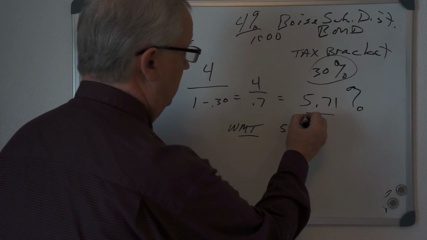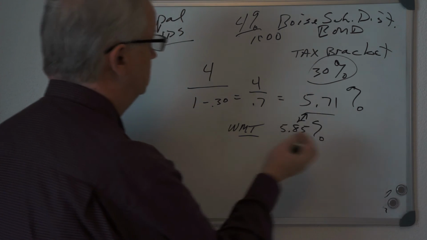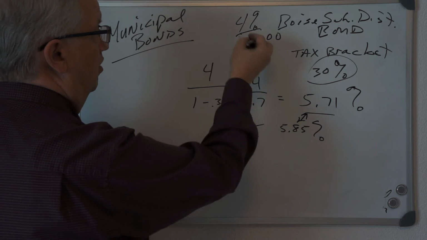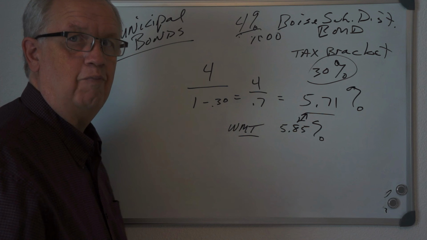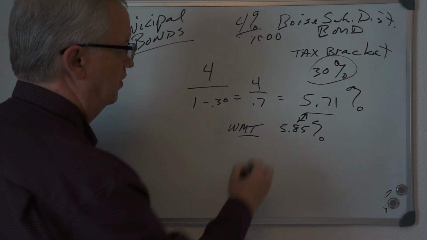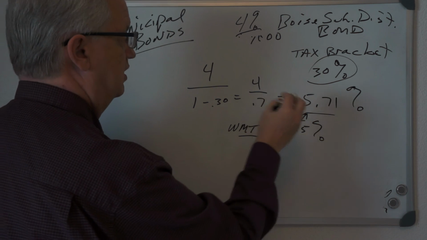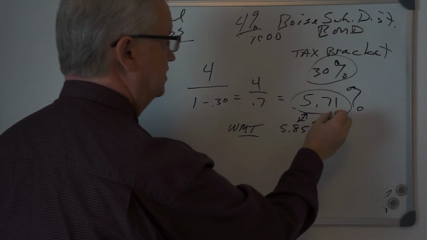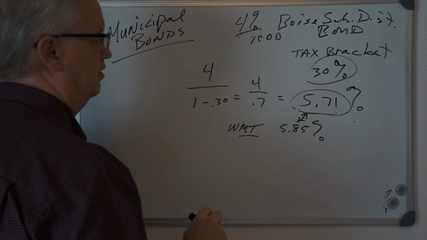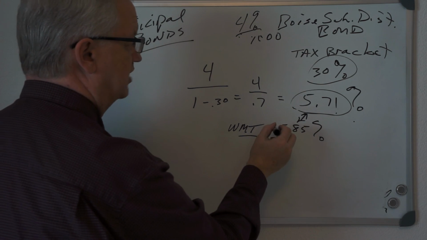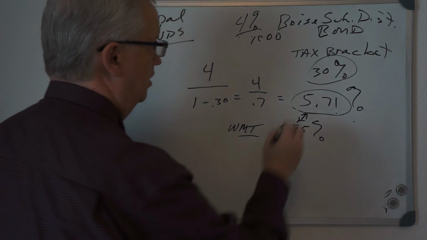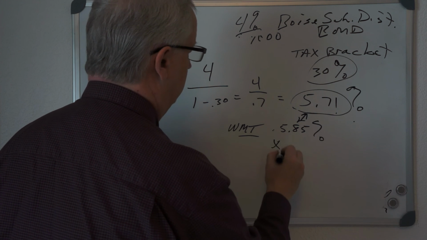And it's better than the 5.71 equivalent, which means you're going to have more money in your pocket. How much, he says. Okay, 5.85 is the taxable equivalent. How much is the tax-free equivalent? We multiply by 0.7.